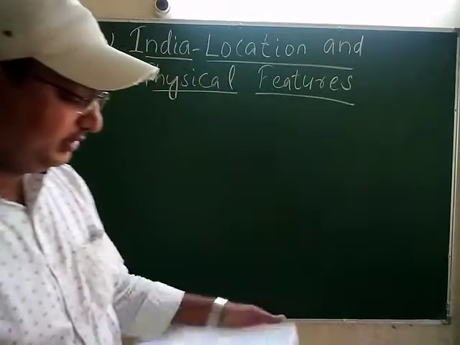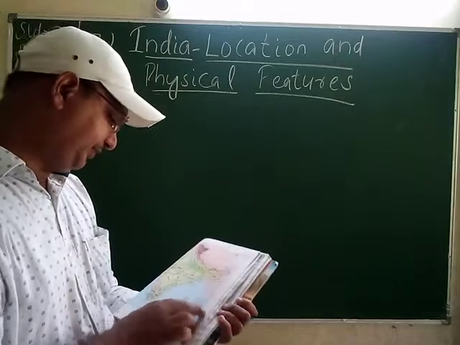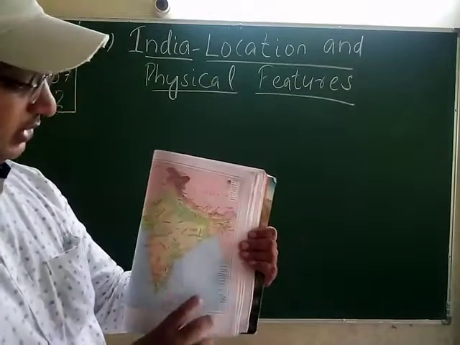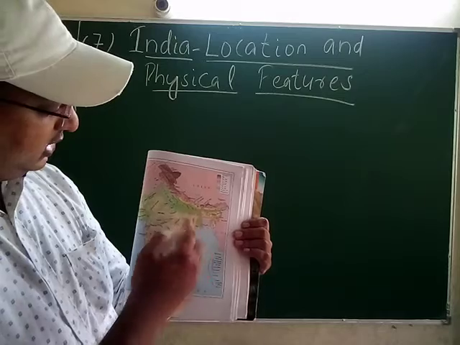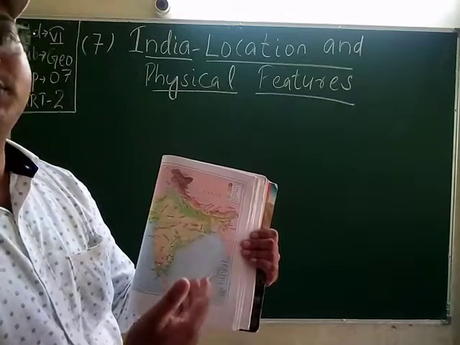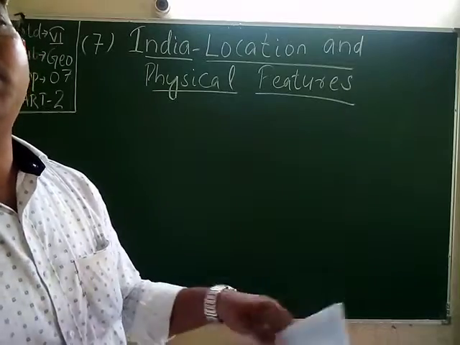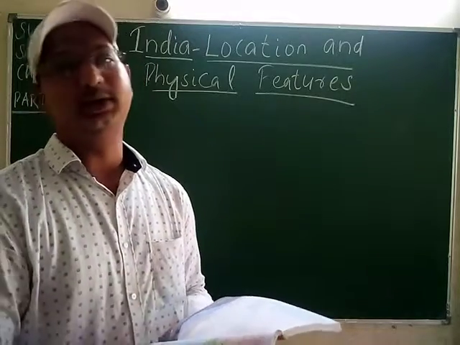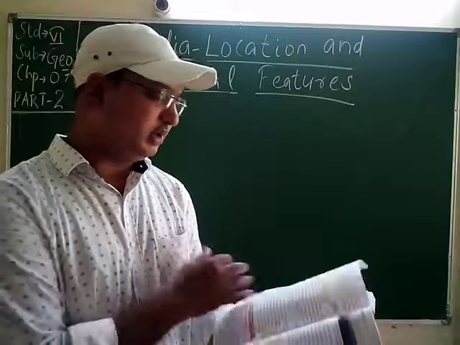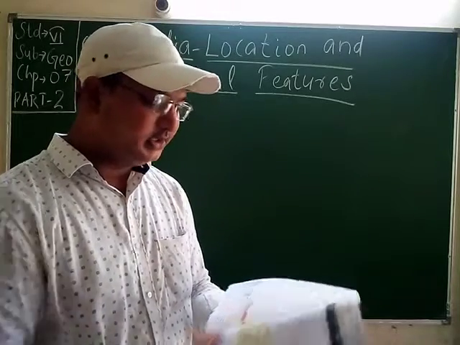Here you can see the physical map of our country, with different rivers, ranges and deserts. If you just look at this, you can't understand. You have to physically see a political and physical map, then only you can understand.